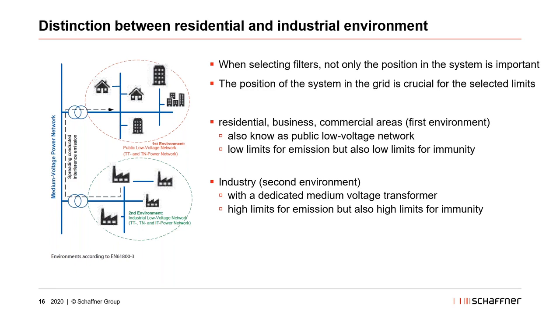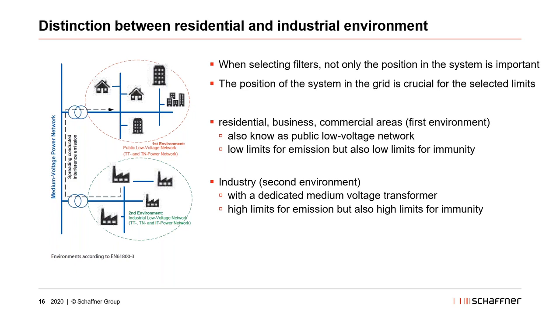We differentiate between the first environment, as I said, which is the residential, business, and commercial area, also known as public low voltage network, where you have low limits for emission, but also low limits for immunity. So if you disturb others not in a high way, then the others don't have to be so immune against the disturbances in the system.